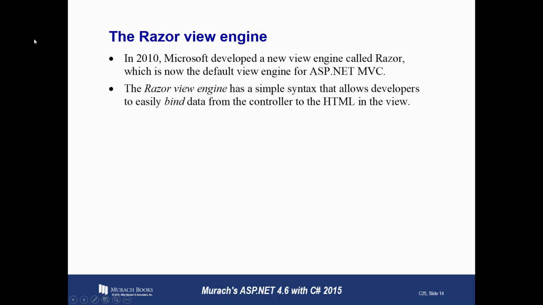That happened in 2010, so it's not new, it's 7 years old. As it says here, the Razor View Engine has a simpler syntax that allows developers to easily bind data from the controller to the HTML in the view.